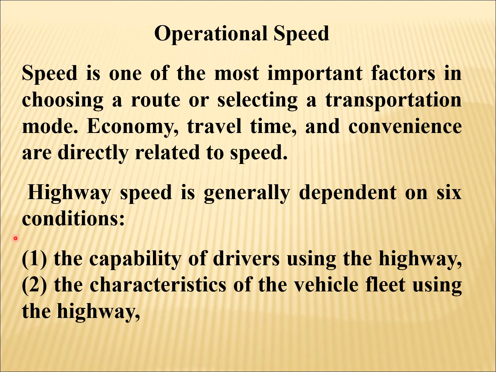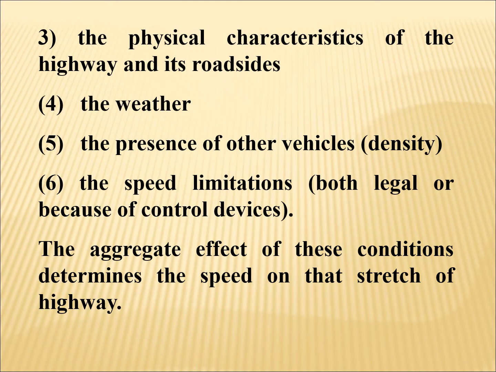And look at those conditions. The first one is the capability of drivers using the highway. Number 2, the characteristics of the vehicle fleet using the highway. Number 3, the physical characteristics of the highway and its roadsides.